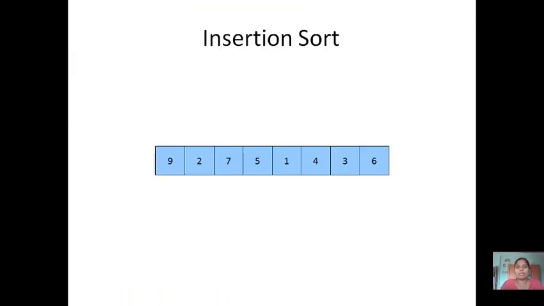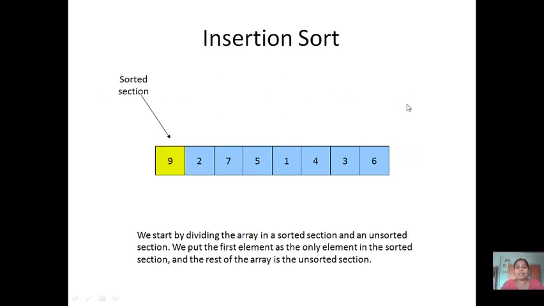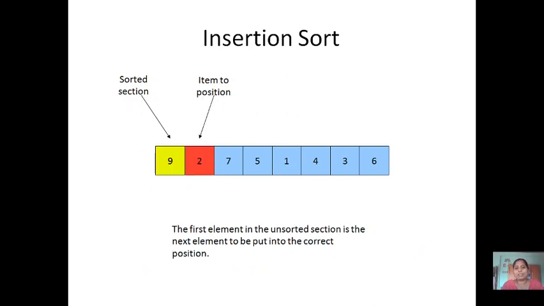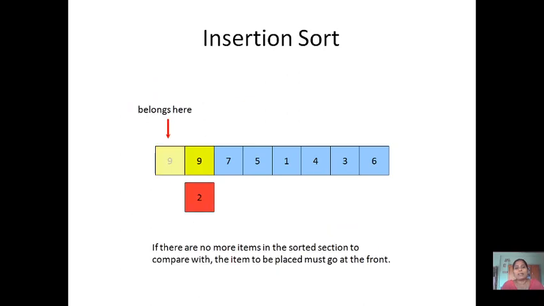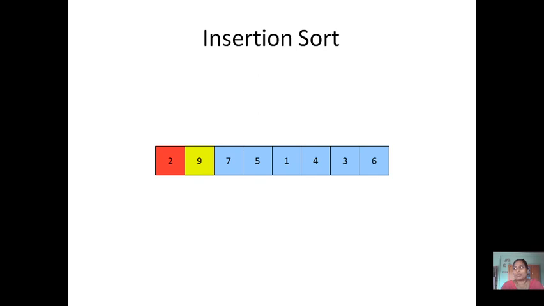See this, here we have a list of elements and we will select 9 as the sorted section and all the remaining elements as the unsorted section. We choose the first element in the unsorted section and compare it with its previous element. So 2 is less than 9, so it will be placed in the first position.